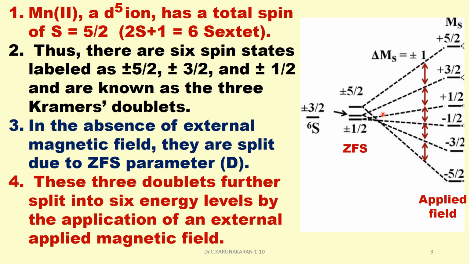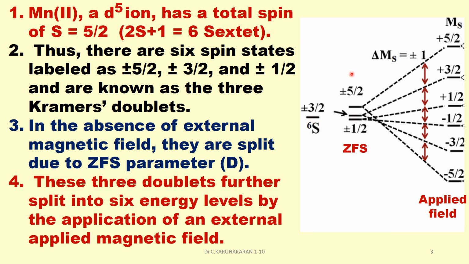There are 6 spin states, -5/2, -3/2, -1/2 and so on, labeled as plus or minus 1/2, plus or minus 3/2 and plus or minus 5/2, known as 3 Kramers doublets. For species with an odd number of unpaired electrons, the ground state is doubly degenerate, called Kramers degeneracy. We have already studied this, right? So in the absence of zero field splitting, the 6S state is 6-fold degenerate.